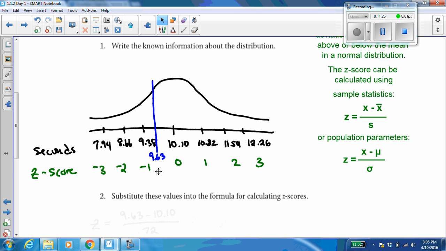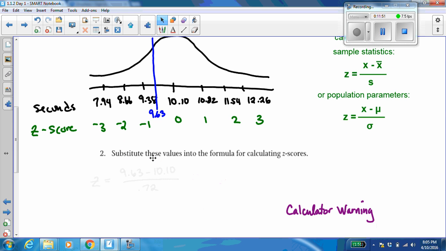We don't know what that z-score is because it doesn't fall on a nice standard deviation. But we know that it's going to be negative because his time is to the left of our mean. And we know that it's not going to be quite one whole standard deviation to the left, just based on where that point falls. 9.63 is not quite 9.38. So that's why we're going to use that formula.